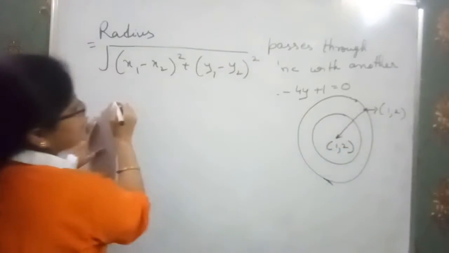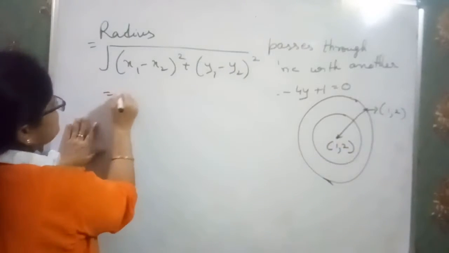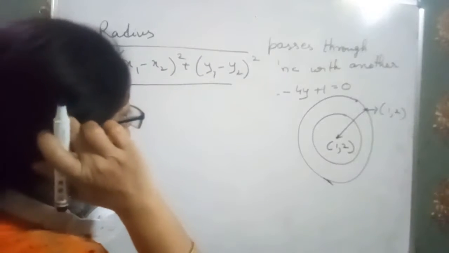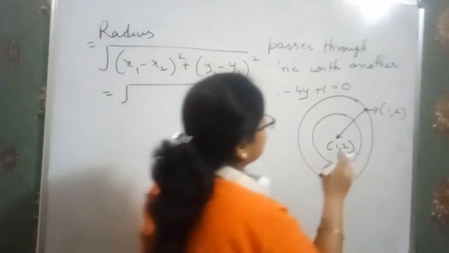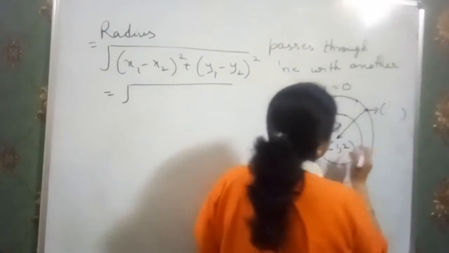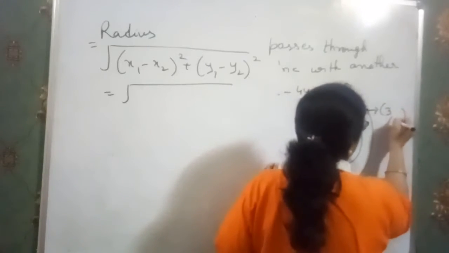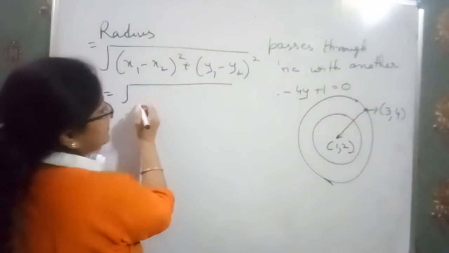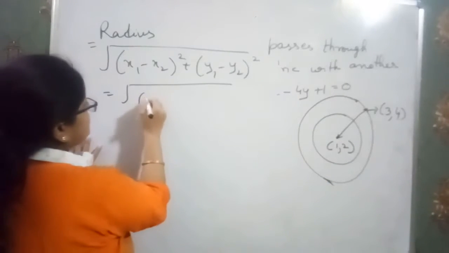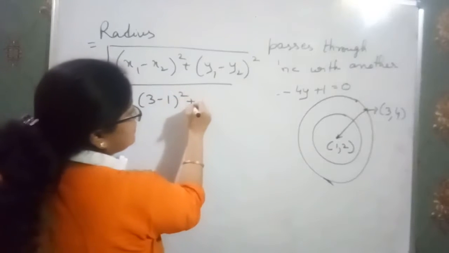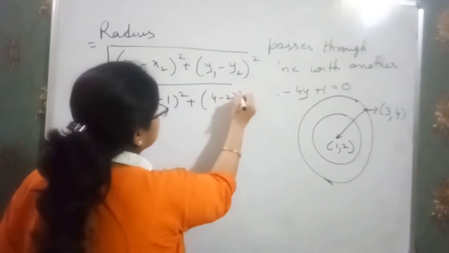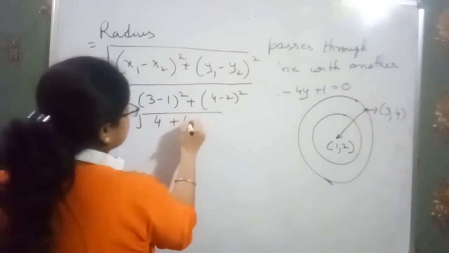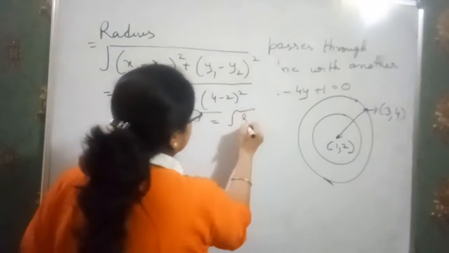We take a point, not 1, 2, since it doesn't pass through 1, 2; it passes through, for example, 3 and 4. So the distance between them is 3 minus 1 whole square plus 4 minus 2 whole square. We have 4 plus 4, that means under root 8.